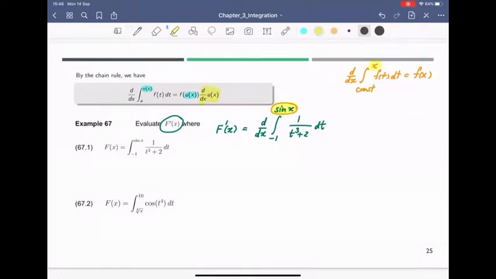Well, easy, so I'm going to apply the chain rule here. So that will be my 1 over, well, instead of plugging in t, I'm going to plug in sin x by the chain rule. And then I have to differentiate sin x one more time, because this is by the chain rule.